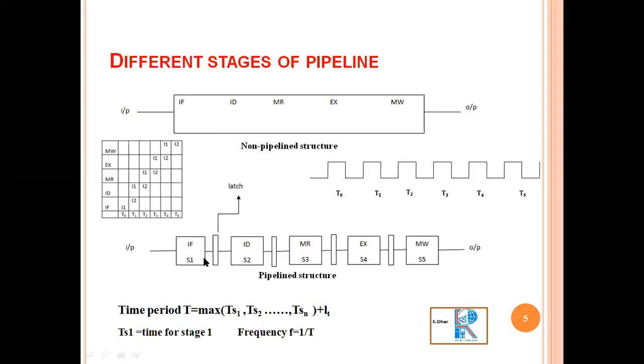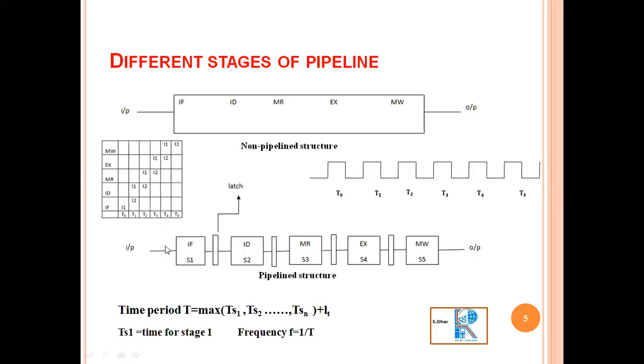One thing you must remember is that in the second cycle, that means suppose T1, instruction I2 will be fetched and instruction I1 will be decoded. Instruction I1 will get the data from the instruction fetch stage. Now the problem is, if at the same time I2 is written here and I1 is read from the instruction fetch, because the second stage of I1 is instruction decode, I2 can overwrite the instruction fetched by I1.